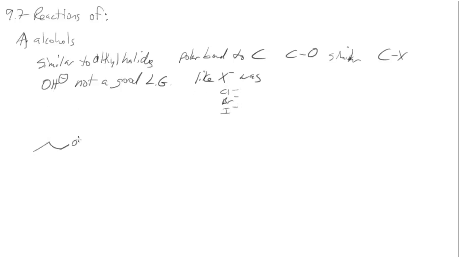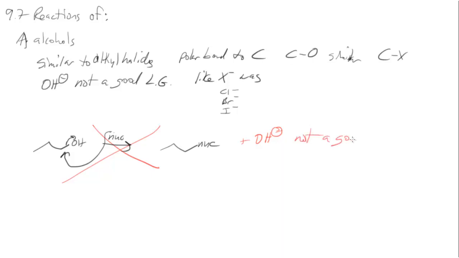So if we take a reaction of an alcohol and react that with some kind of a nucleophile, to have the nucleophile come in and displace the hydroxide, this reaction doesn't occur because OH minus is not a good leaving group. At least not for direct substitution.